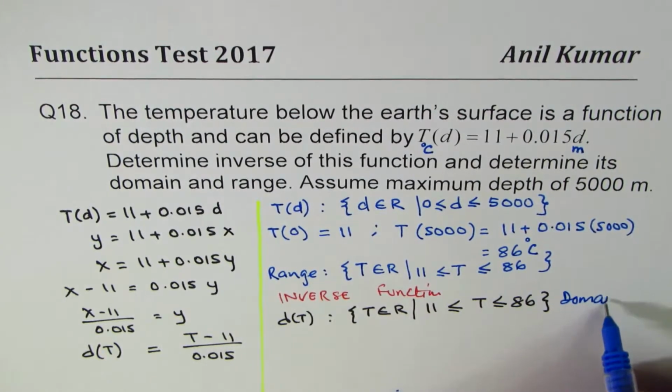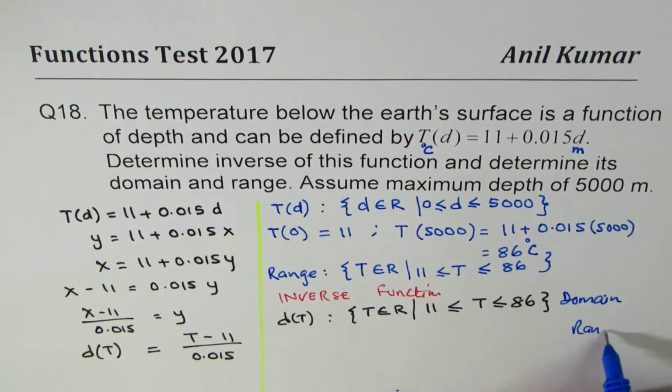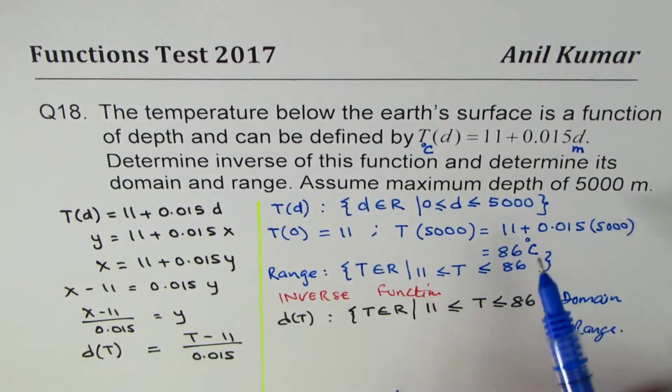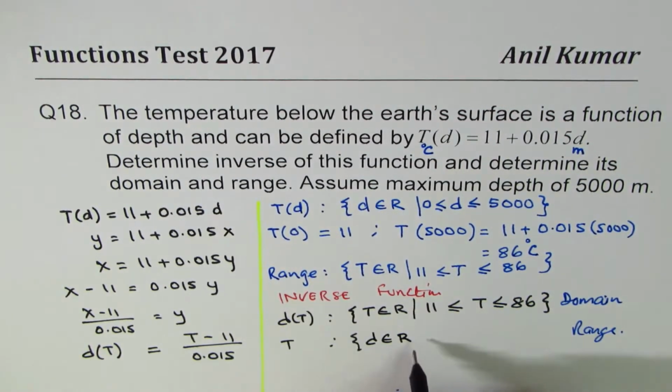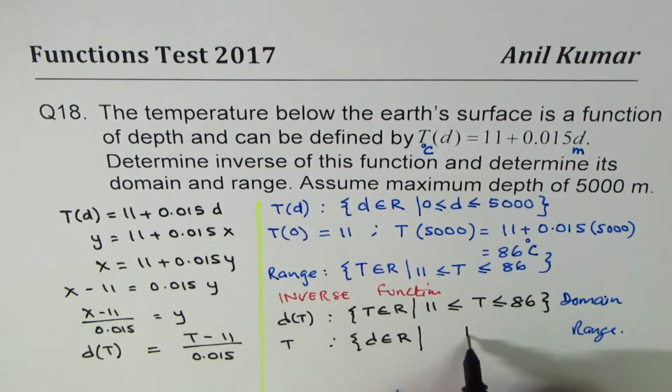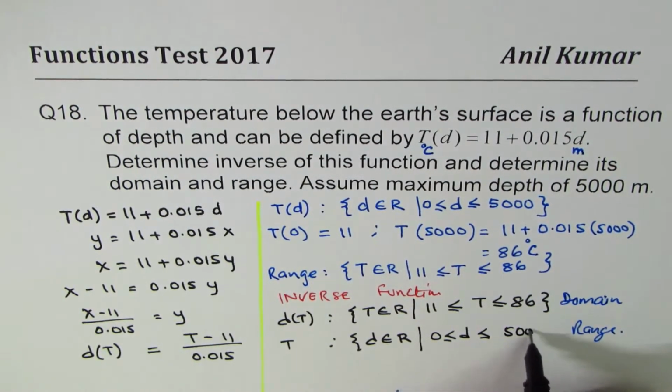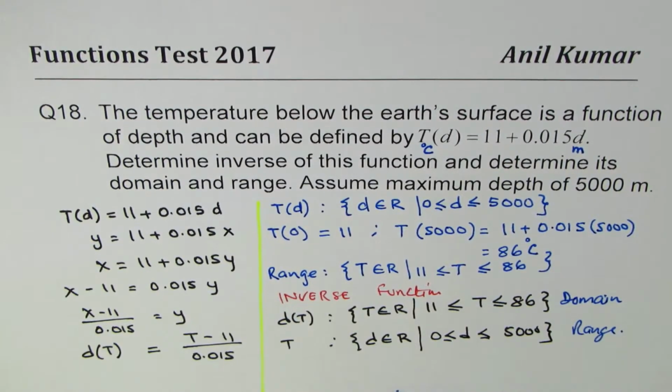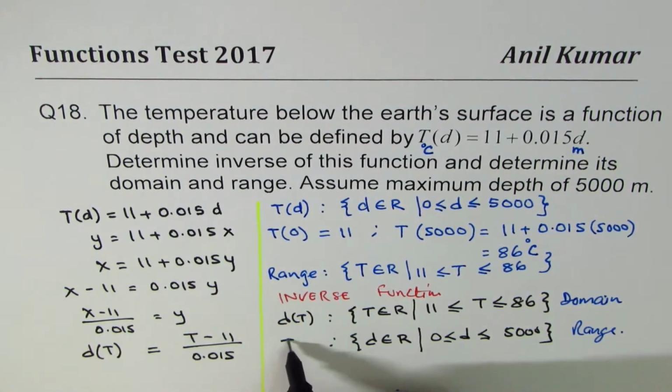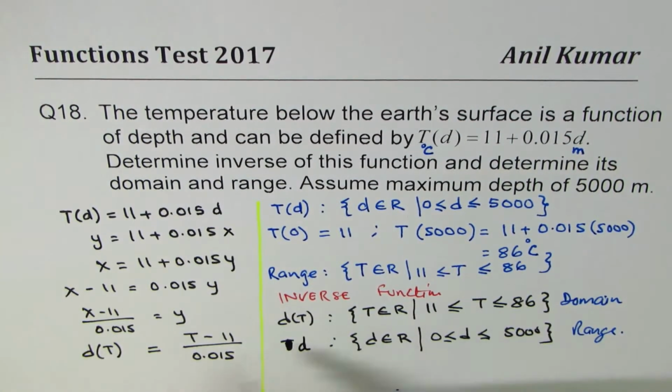And the range will be what was the domain for us, d belongs to real numbers where the distance is between 0 and 5,000. So that is the range, d, distance.